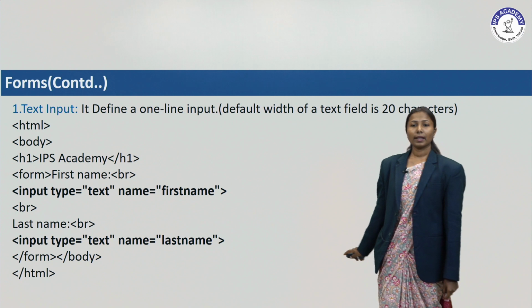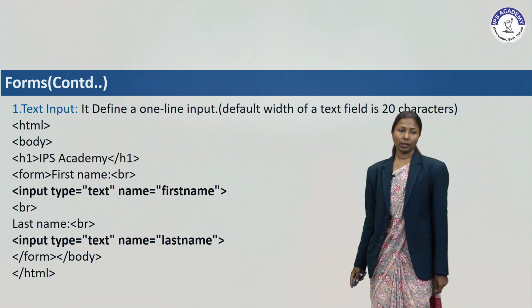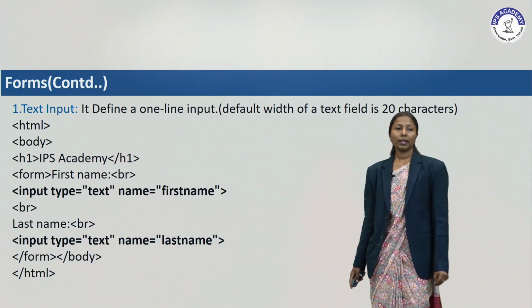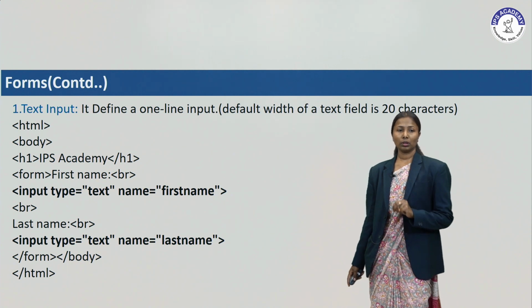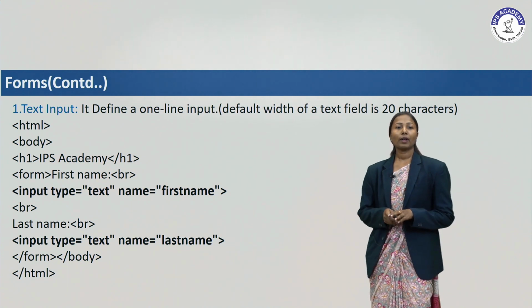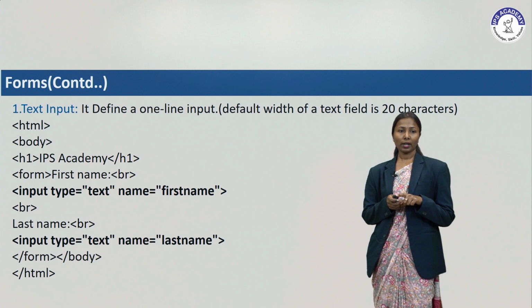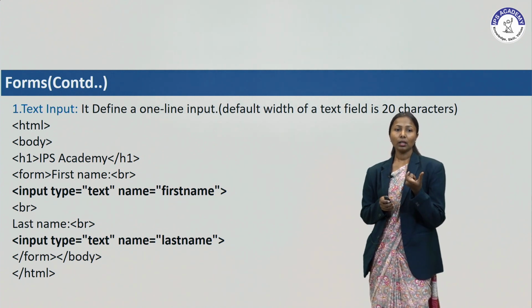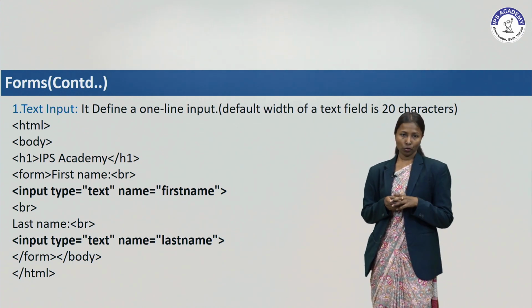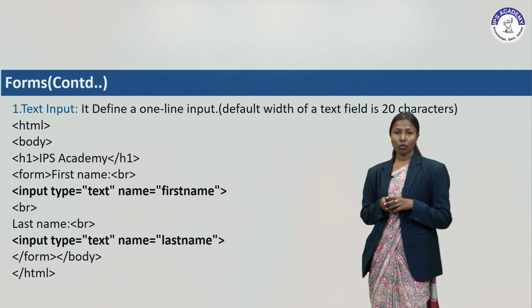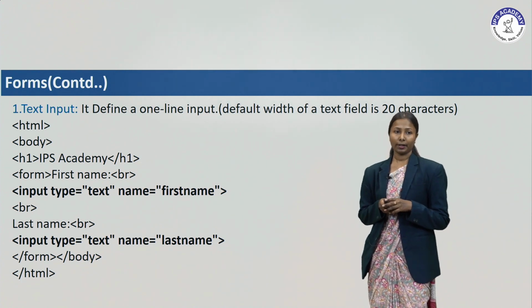This example shows you the input element. For creating a text input, you have to write the following code. It defines a one line input, which means if you create an input box, you can take one line of input from the user. The default width of a text field is 20 characters.